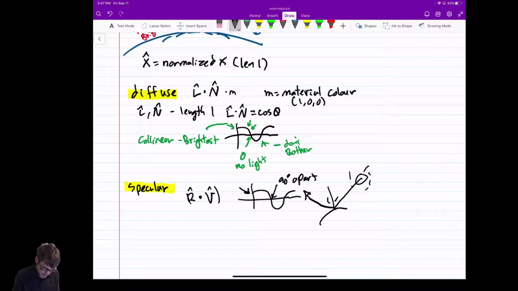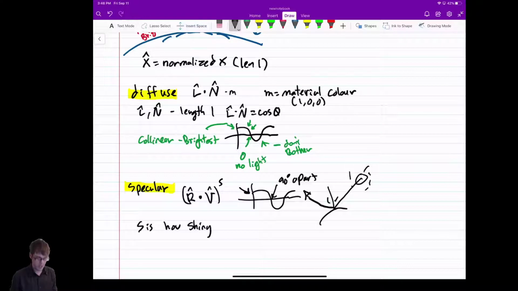There's one more piece to the equation. You do this, and then you take it to an exponent s. S is shininess. Well, if I write it messy enough, nobody knows I didn't spell it right. S is how shiny.